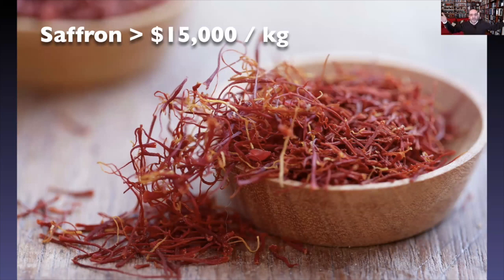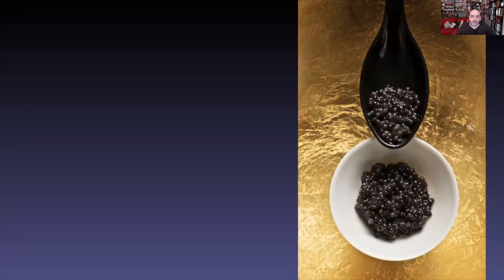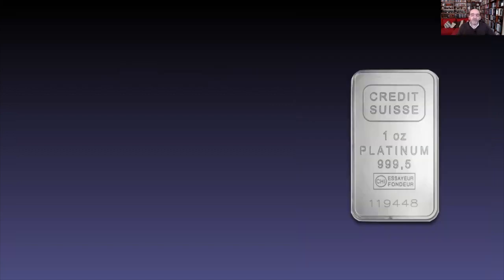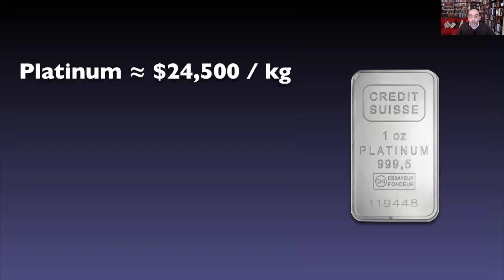And of course, caviar, I would die for a nice caviar. Very good caviar costs more than $20,000 a kilo. And platinum. Platinum used to be really expensive, but not anymore compared to gold, because 1 kilogram of platinum is about $25,000.